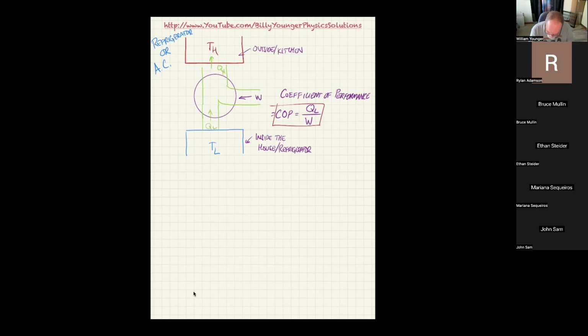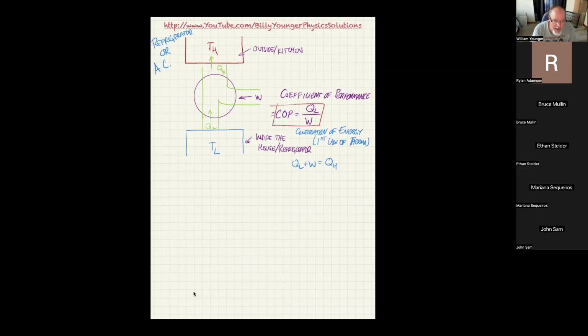Now, you can see from this that conservation of energy dictates, and when I say conservation of energy, I want you to think first law of thermodynamics. That tells us that basically QL plus W is equal to QH.